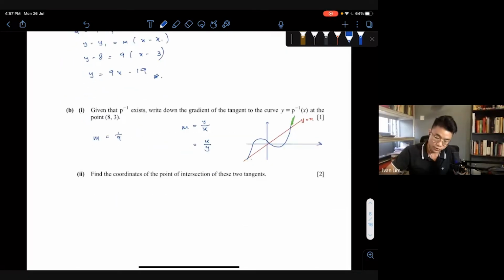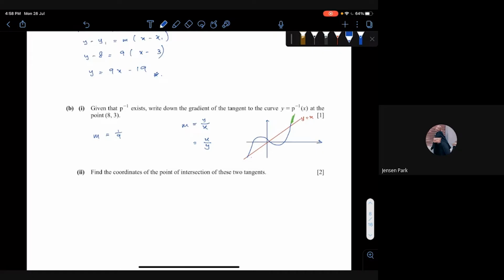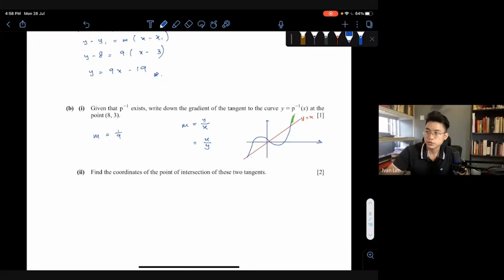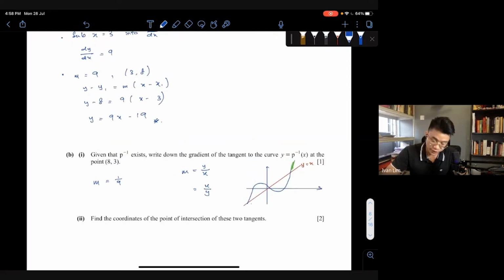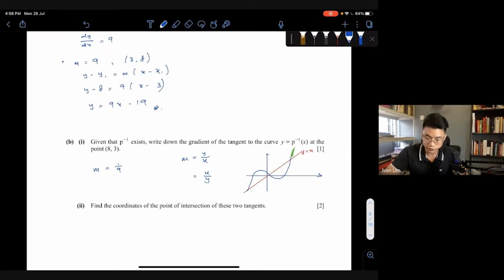So now that I know that my m is equal to 1 over 9, do I need to use this? Find the coordinates of the point of intersection of these two tangents. Now your y equals x, then you swap it. So now I need to find the inverse graph first, right?